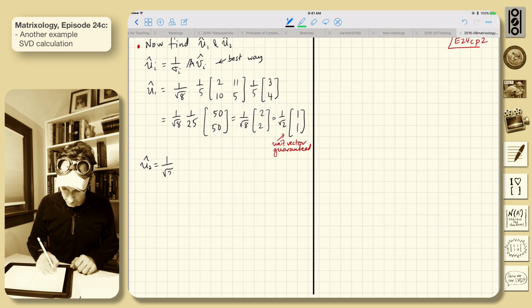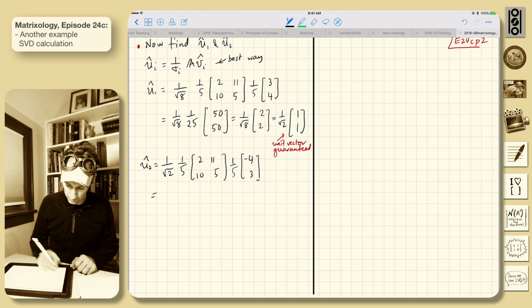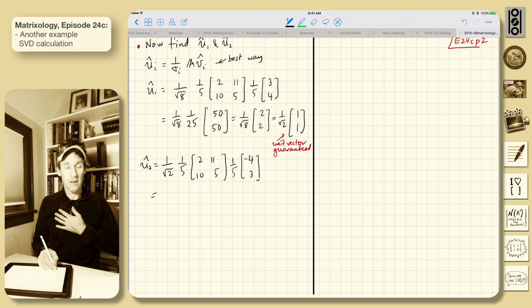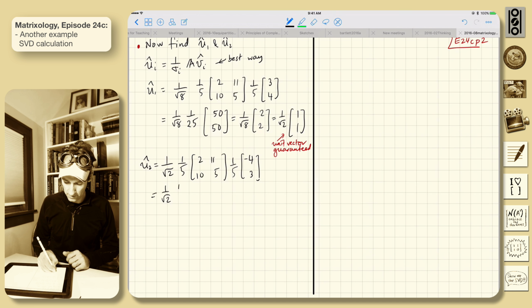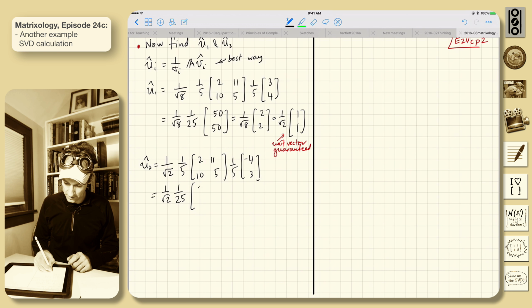Now u2. Again, it's going to be 1 over root 2. We're going to have A again, 2, 11, 10, 5. And then the second v, 4, 3, and we put a minus sign here, so we multiply through. We're going to get 1 over root 2, and then this 1 over 25 again. Minus 8, plus 33, so that's 25. And then minus 40, plus 15, so it's minus 25.